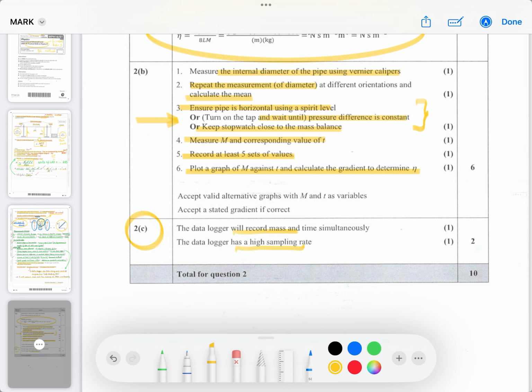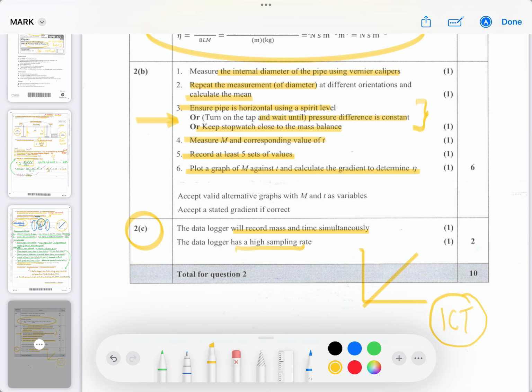And it ensures that you're measuring mass and time simultaneously. It will probably also do the graph for you, so you could actually get a graph done for you. So it's the automation. They like the use of ICT. So somewhere along the lines, they will ask you about use of ICT in experiments.